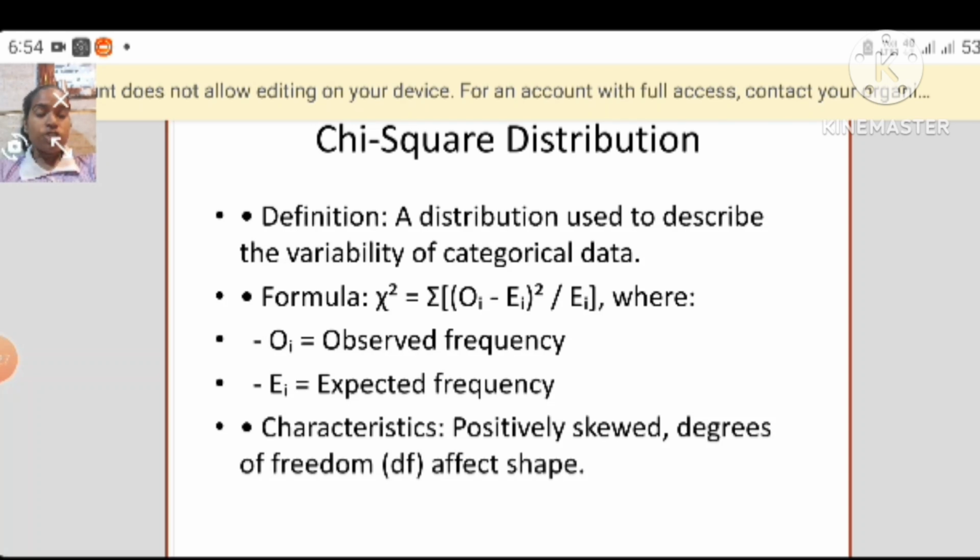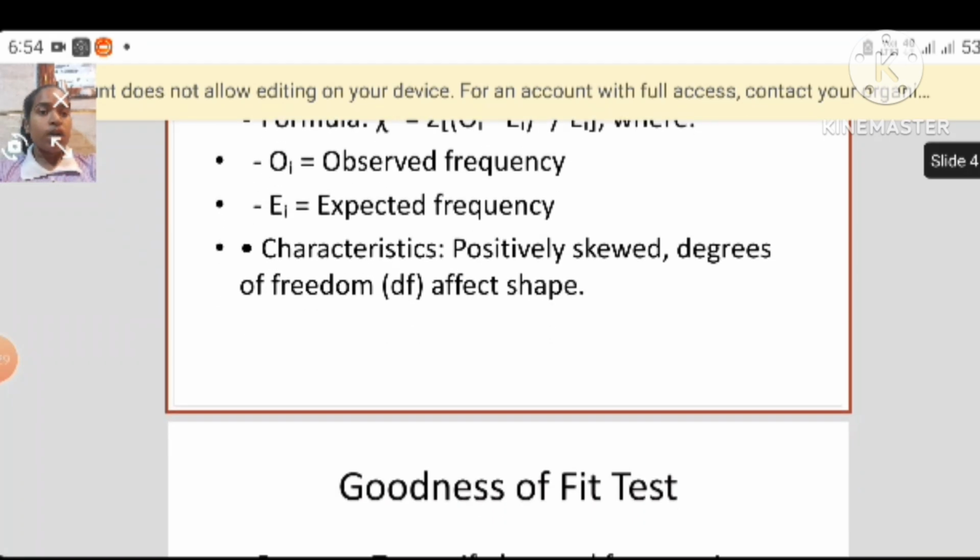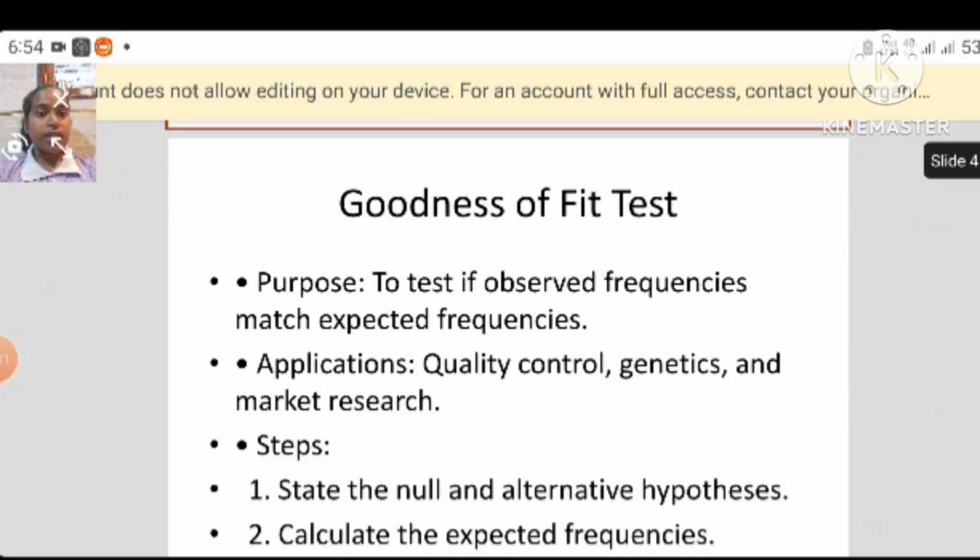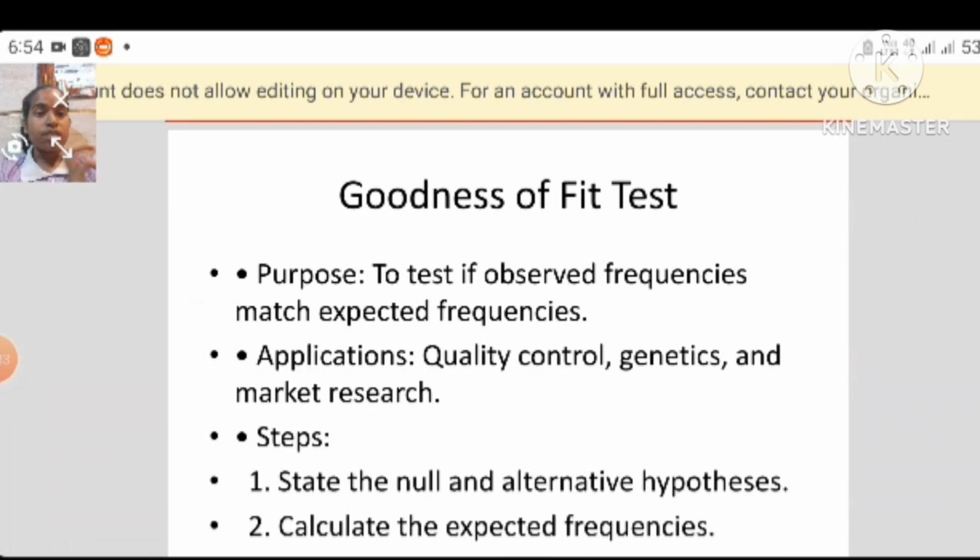Now let us understand the second main concept, which is the goodness of fit test.